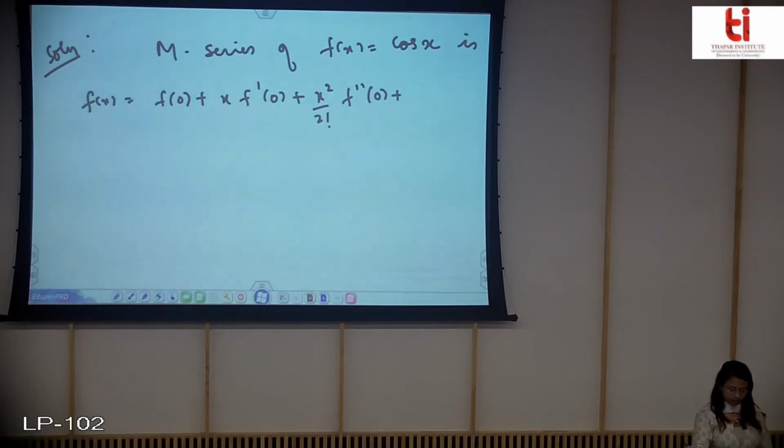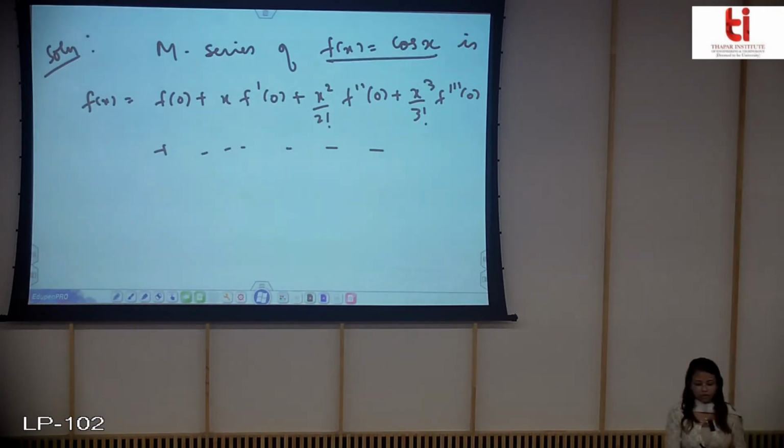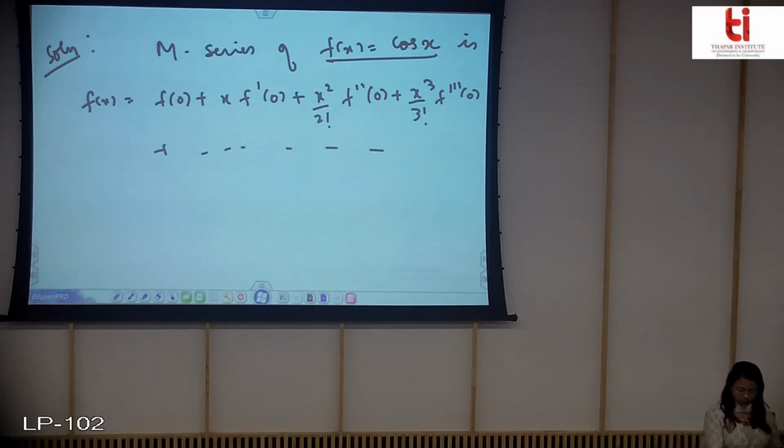This is the Maclaurin series, and here f(x) is cos x. You know how to find f dash x and then put 0, and finally what you will get?